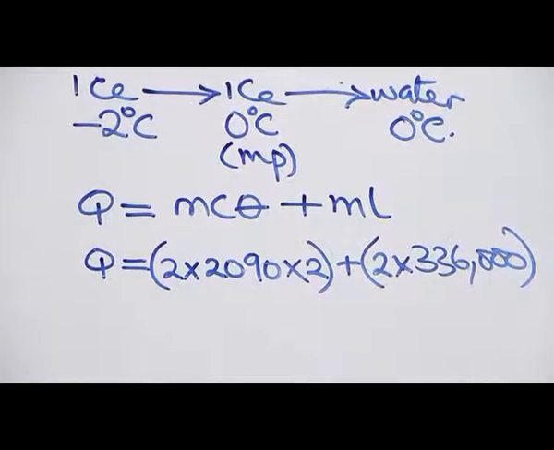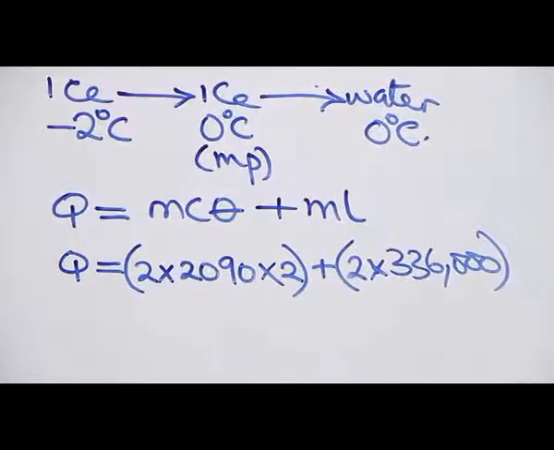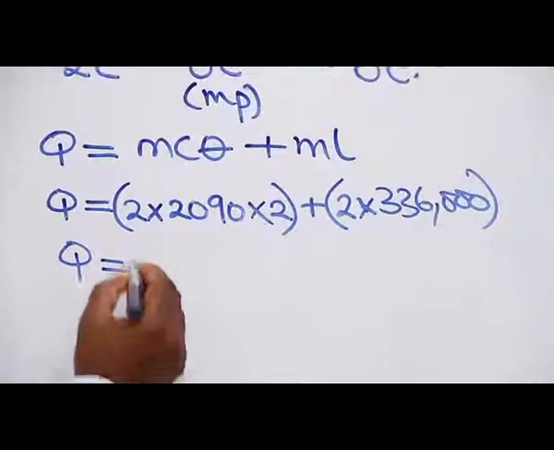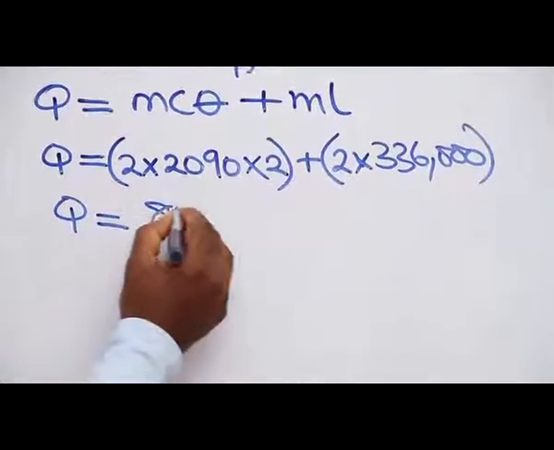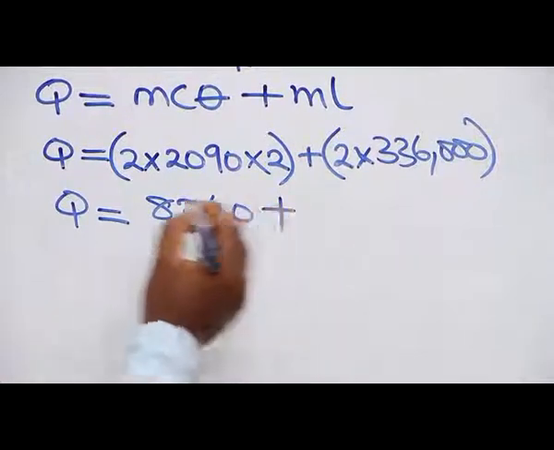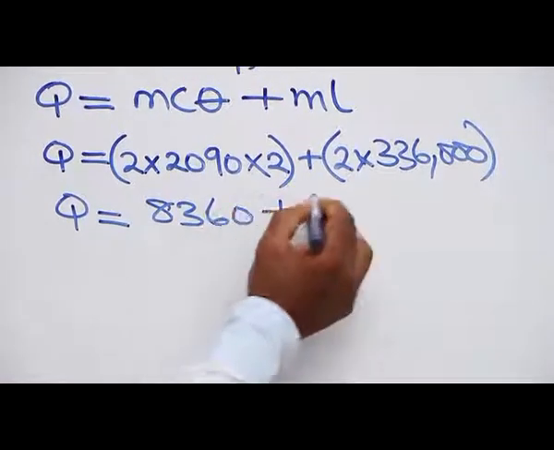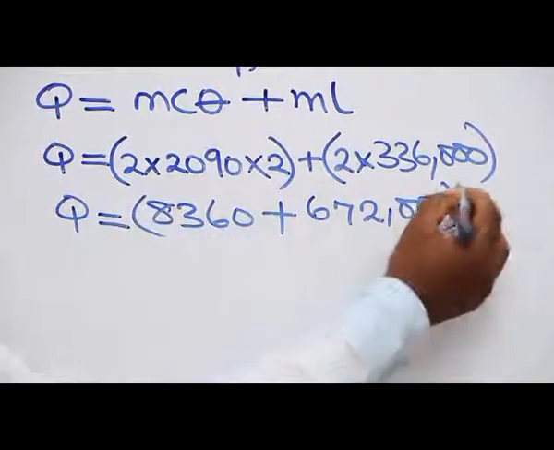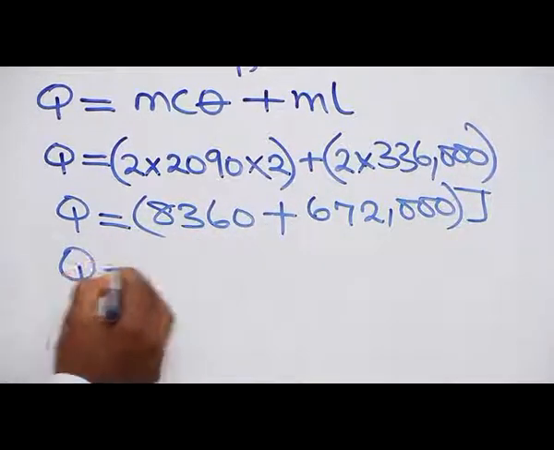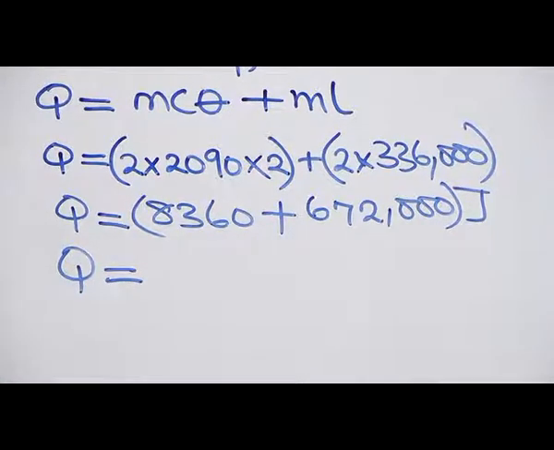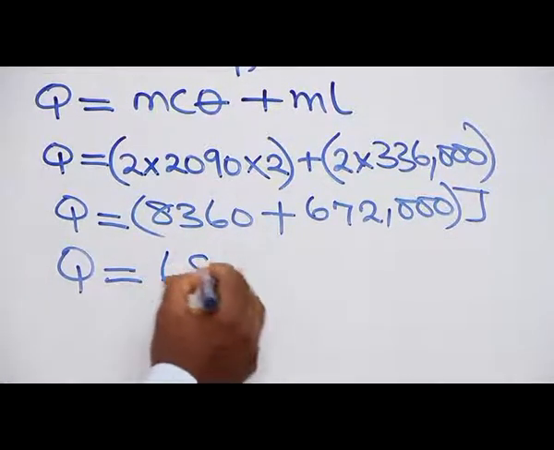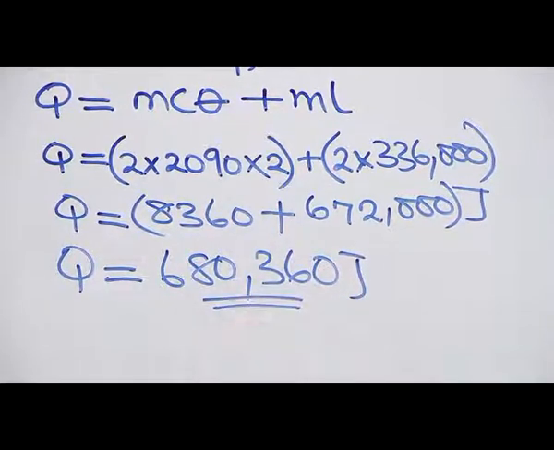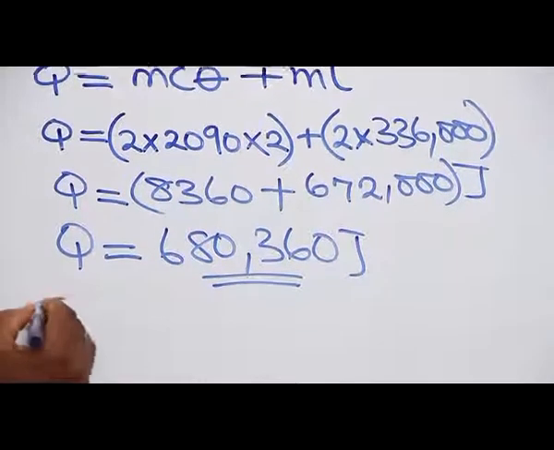So if we do that, we now end up getting quantity of heat energy is equal to 8360 plus 672,000 joules of heat energy. So the quantity of heat energy required to effect the transition is 680,360 joules. By this calculation, option D is correct.